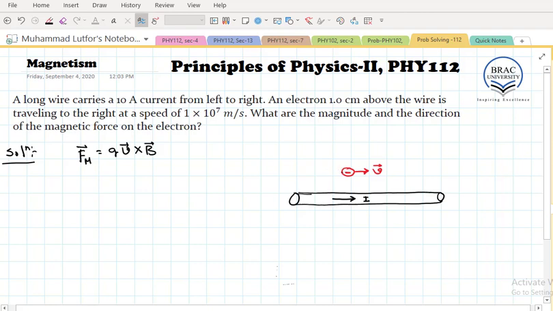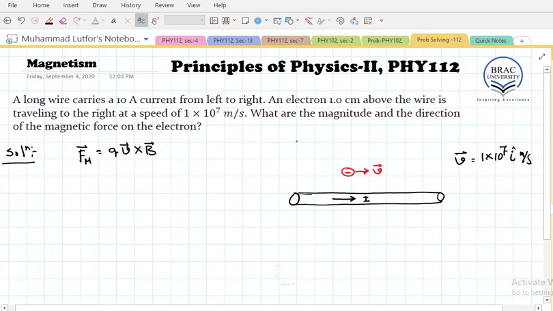The speed of the electron is given, v is 1 × 10^7 i hat meter per second.